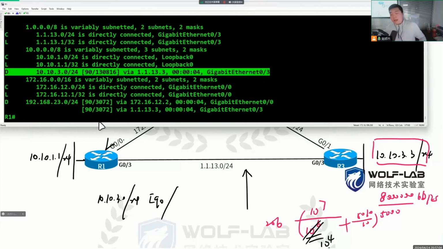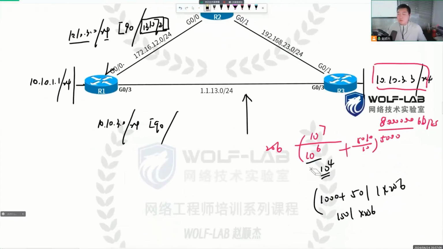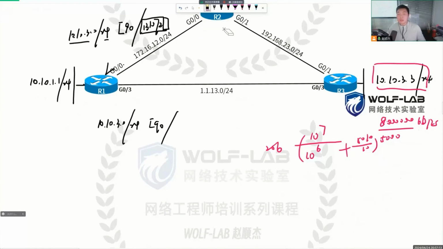Then next we change the delay to realize the change of the metric value of the routing entry. Our metric value is still calculated by this formula. So from the formula, we can certainly modify our interface's delay to achieve this change in metric value.